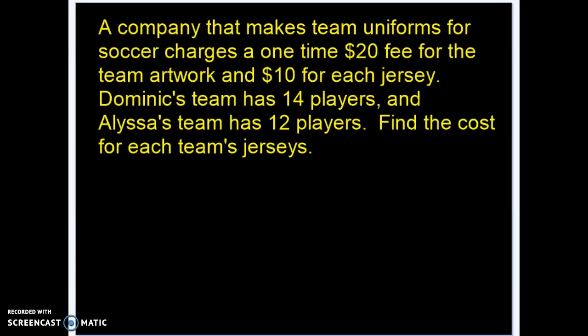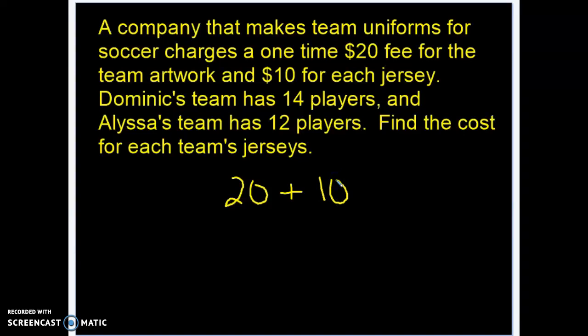So we know that there is a one-time fee of $20, and the team is going to be charged $20 first. Then you're also going to pay an additional, which means addition, $10 per player.